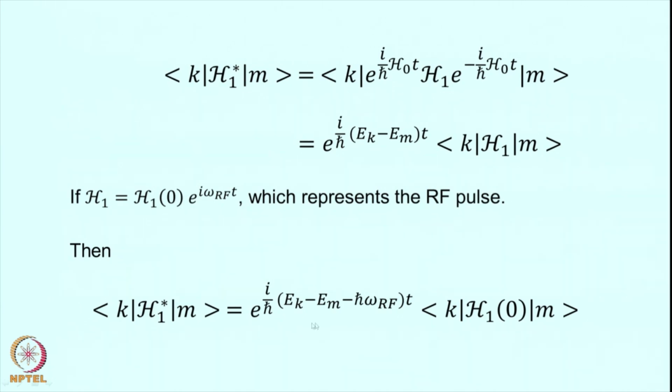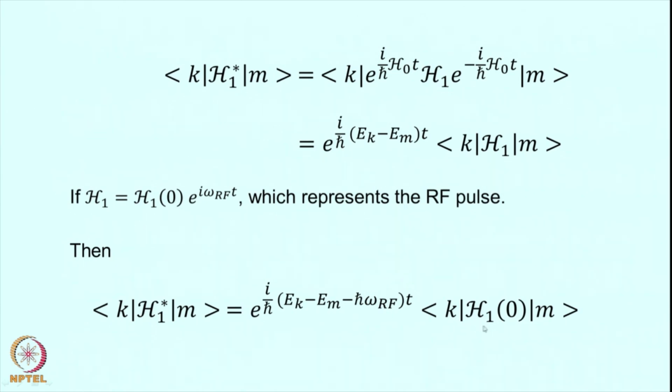Therefore if I put that here, then this e to the I omega RF can be taken out and put inside here, but I give an h cross here because I have an h cross here. So e to the I by h cross, Ek minus Em minus h cross omega RF, t, and K H1 0 M, this time independent part comes here.